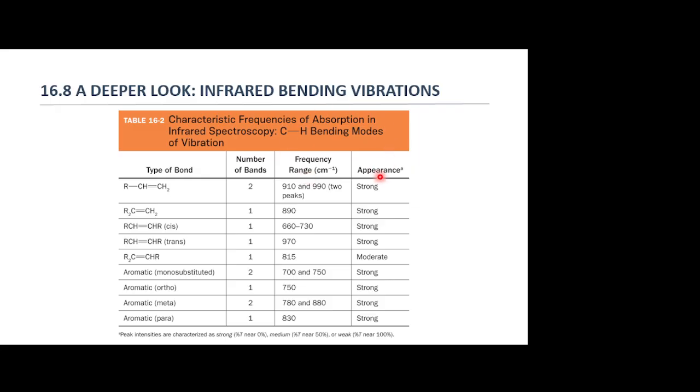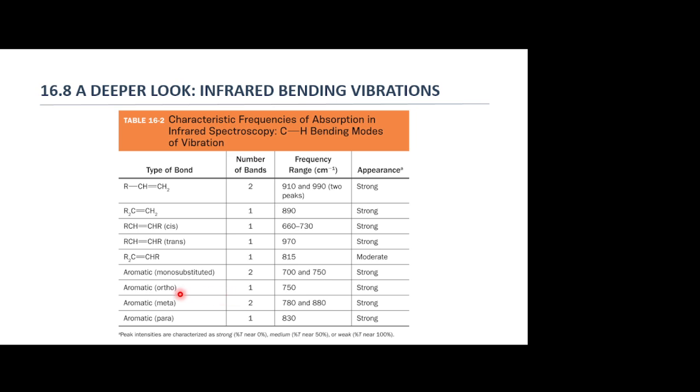This is the appearance. So, for example, a terminal alkene has a pretty strong absorption, kind of like the terminal alkyne, okay? It just absorbs lower down. All right. Anybody have any questions about that table so far?